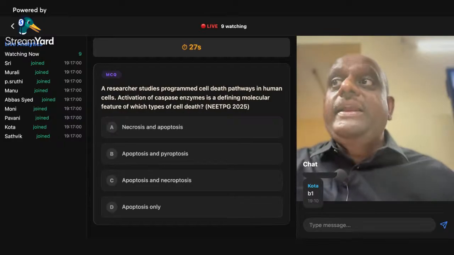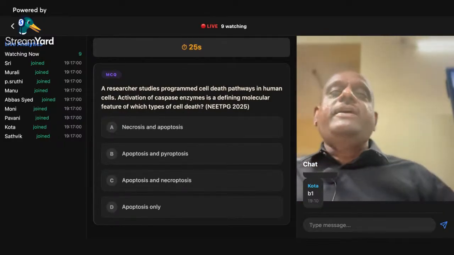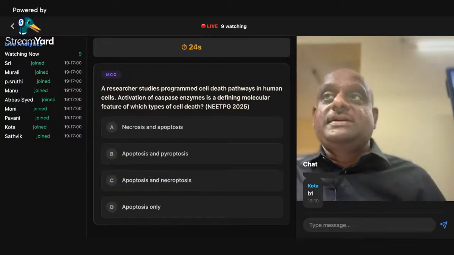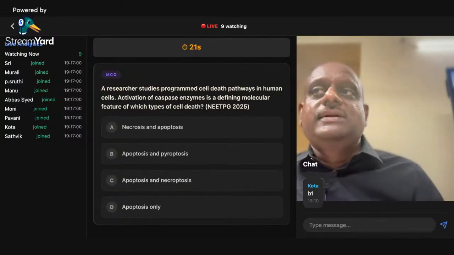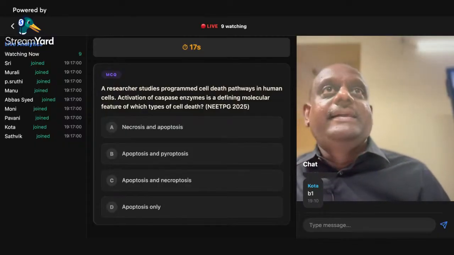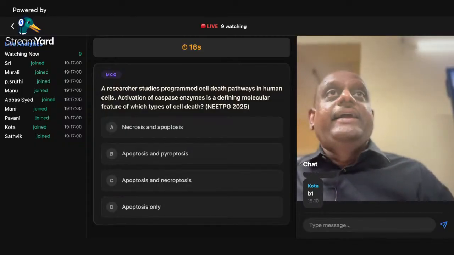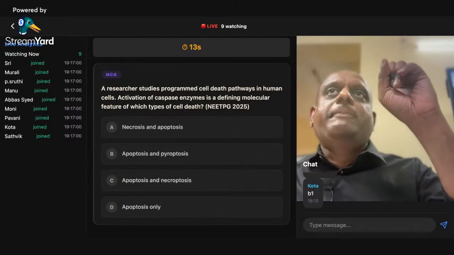Now, a researcher studies programmed cell death. Activation of the caspases is a defining molecular event in the cell death in which situation, doctor? Every NEET PG you go, one question comes in pathology from apoptosis.